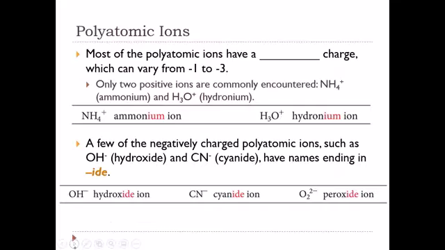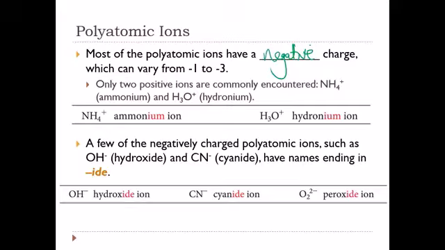So we'll look at some patterns overall in the polyatomic ions. Most of the polyatomic ions have a negative charge. So that means they have gained electrons, or they have additional electrons. The charge can vary from -1 to -3.